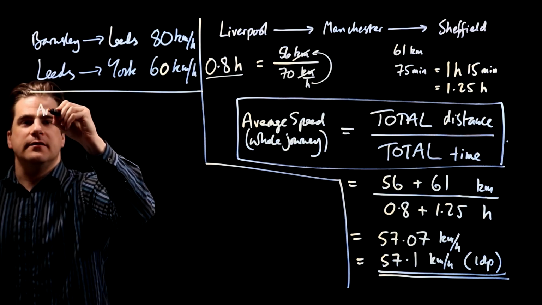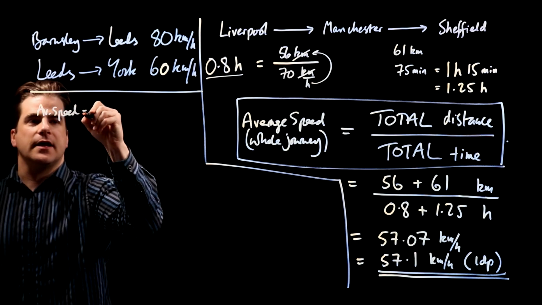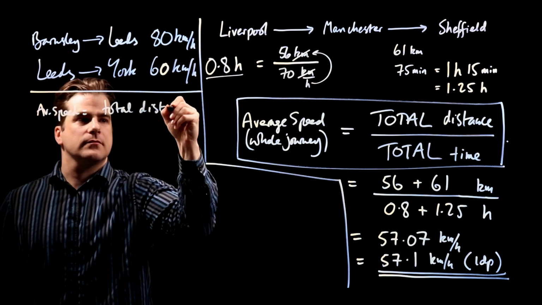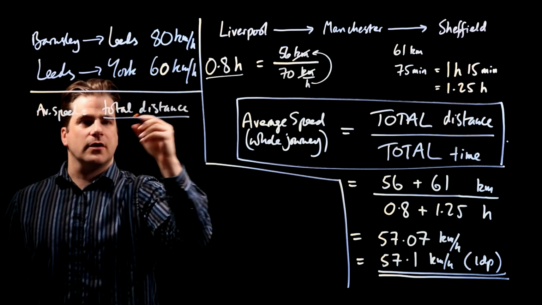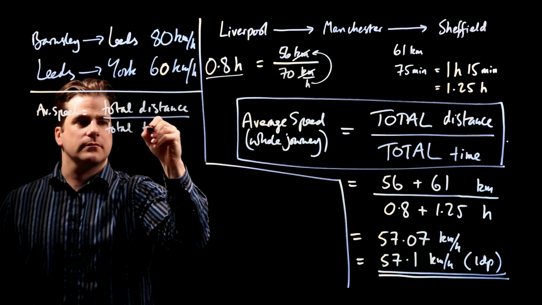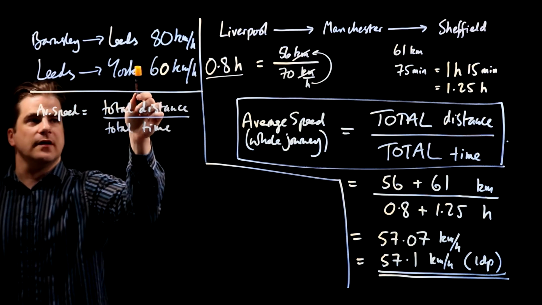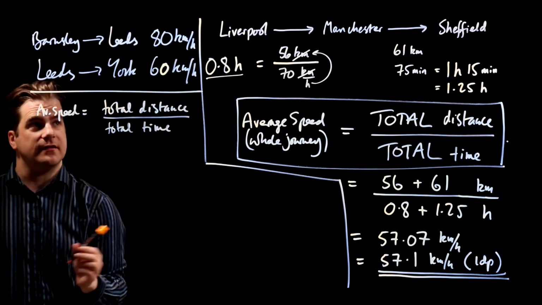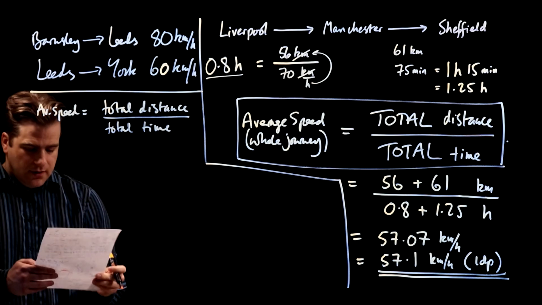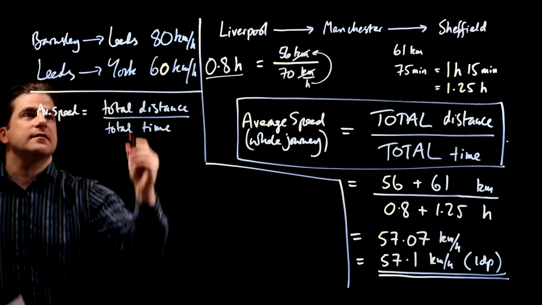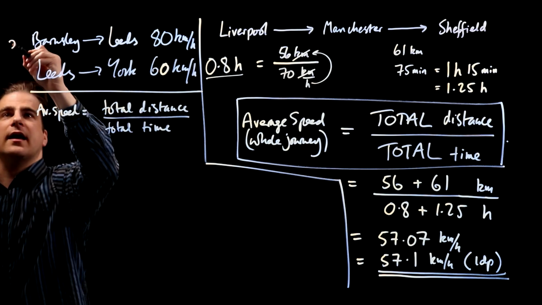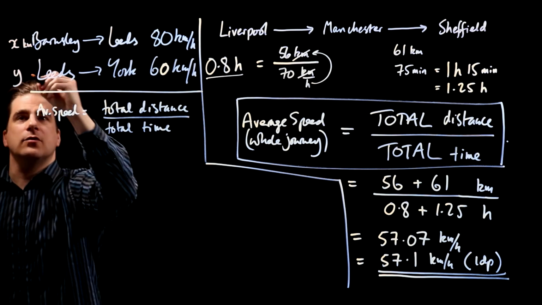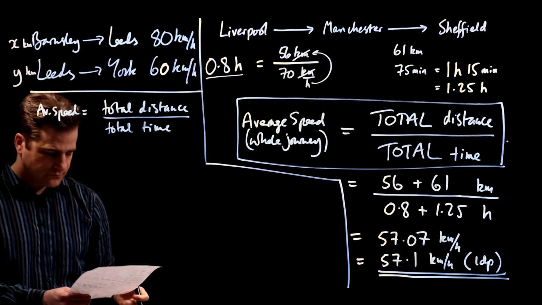The average speed, again, is total distance over total time. So she's got lucky and just happened to get it right by taking the average of 80 and 60 to get 70. So, total distance, let's say Barnsley to Leeds is a distance of X kilometres, and Leeds to York is Y kilometres.